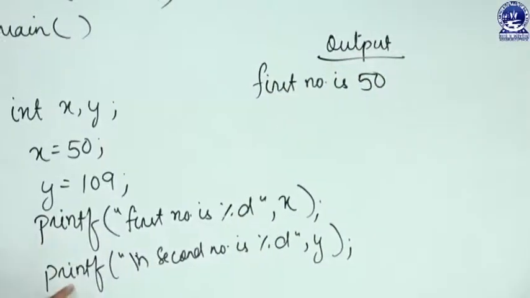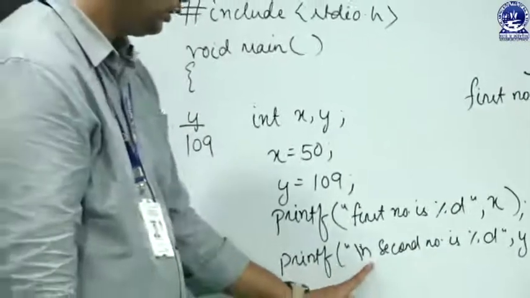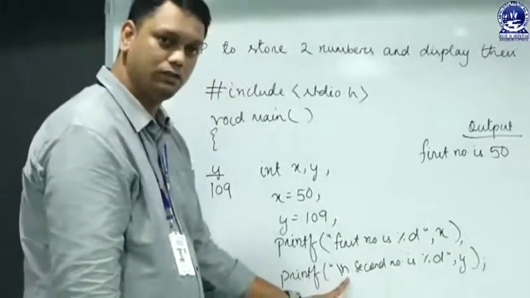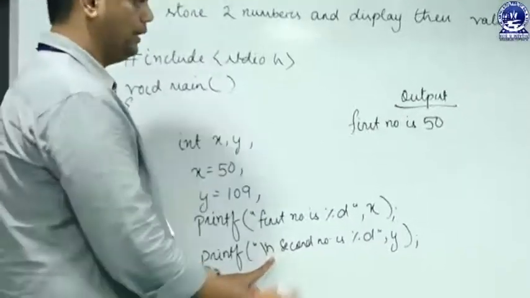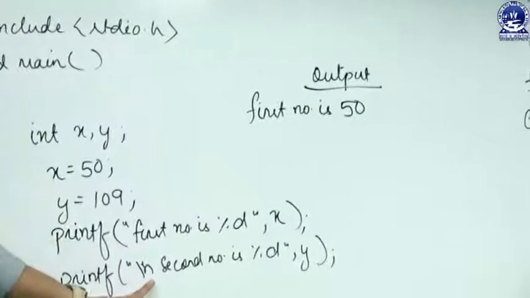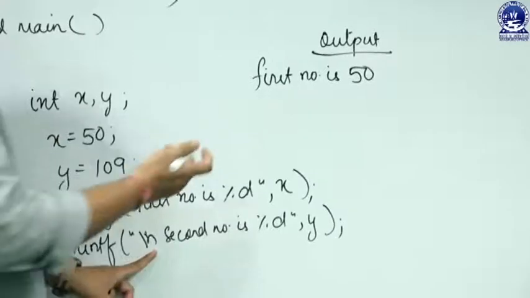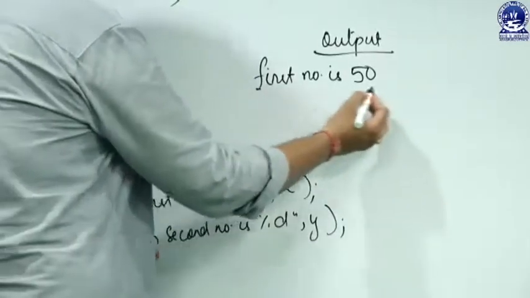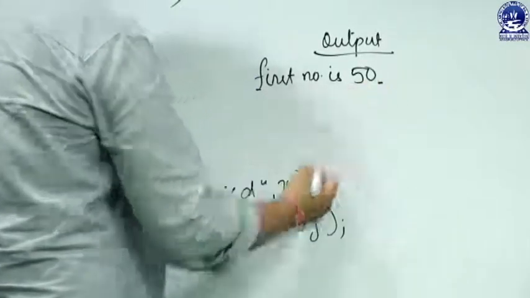Next, it will move to the next line, that is the next printf function. Here I am using the escape sequence \n. The \n escape sequence is used to move to the next line. When the cursor prints the first line, it will be present here.